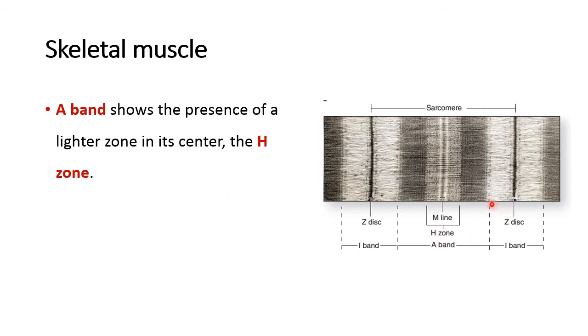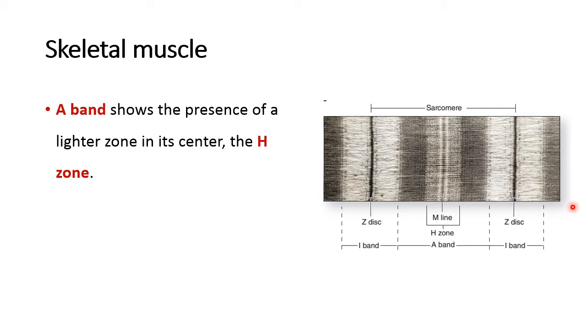So here we have the A band, from here to here. Okay, notice this dark region is called the A band, and this lighter region is the I band, and the I band is bisected by a transverse line called the Z disk. And inside the A band we have a lighter zone in its center. This whole part, this lighter zone in its center, is called the H zone.